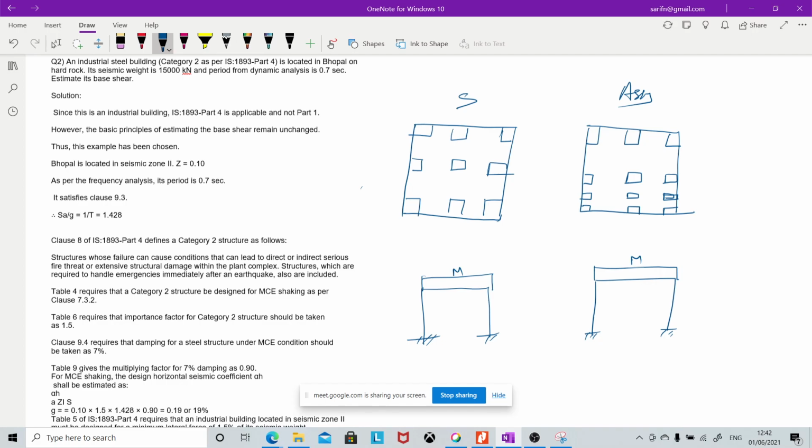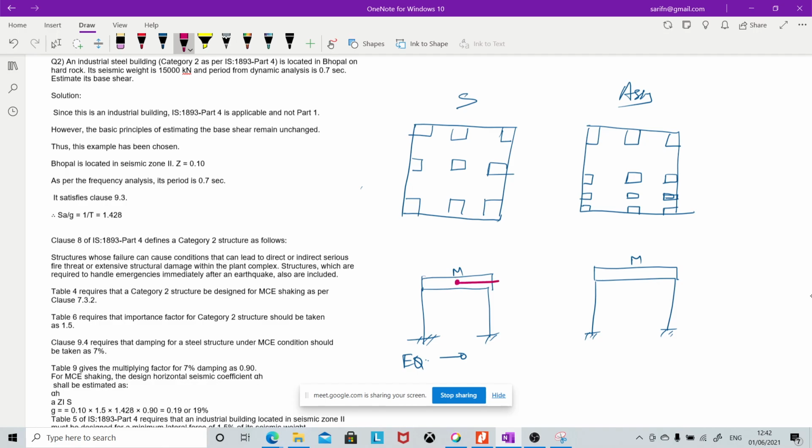Now when an earthquake strikes this building, what is going to happen? An earthquake load is going to get induced on the mass. Where will it get induced? It will get induced at the center of mass.